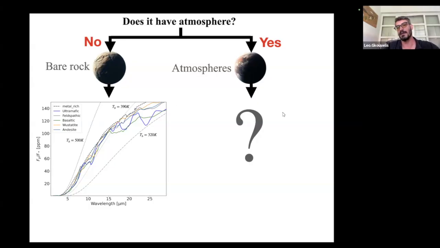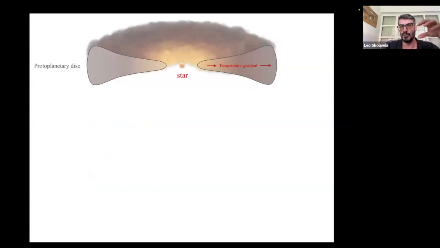And now we are going to attack the most difficult one, because this bare rock synthetic spectra is a radiative transfer problem, while the other one is a more complete problem, which you will see includes interdisciplinary knowledge. Now, when we are talking about the atmospheres of exoplanets, if we have in mind a gas giant, for example, like Jupiter, gas giants normally form, at least in the more simple explanation, in the protoplanetary disks, in regions which are farther away from the star and they are colder.